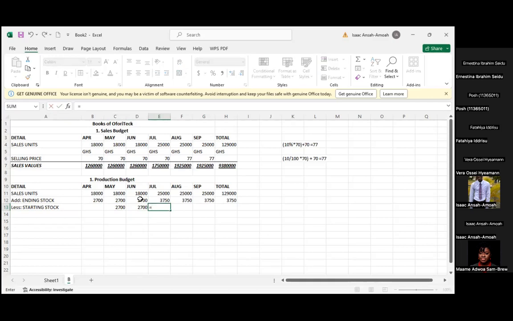So what is the starting stock of September? Who can talk about it? 3,750. Can we also anticipate the starting stock of October in the same year? 3,750.